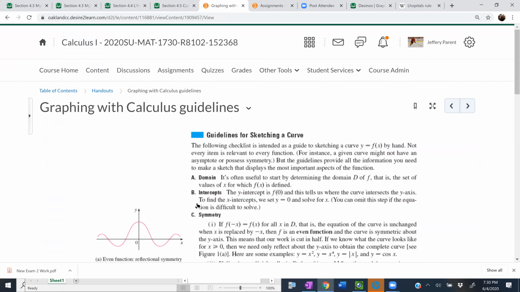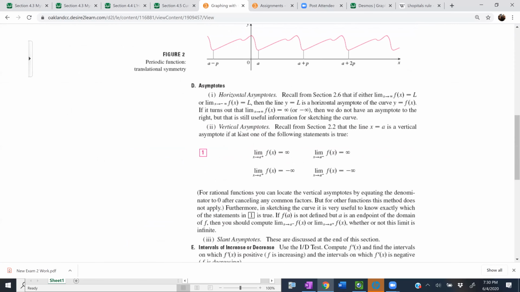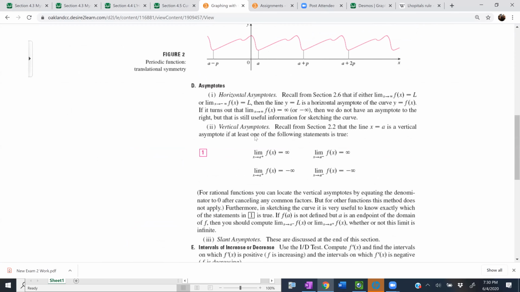When you're doing problems for WebAssign, this is kind of what it expects. It expects you to look at the domain of a function, its intercepts, any symmetry, and asymptotes. The nice thing for us is that L'Hopital's rule really lets us investigate any asymptotes pretty nicely.